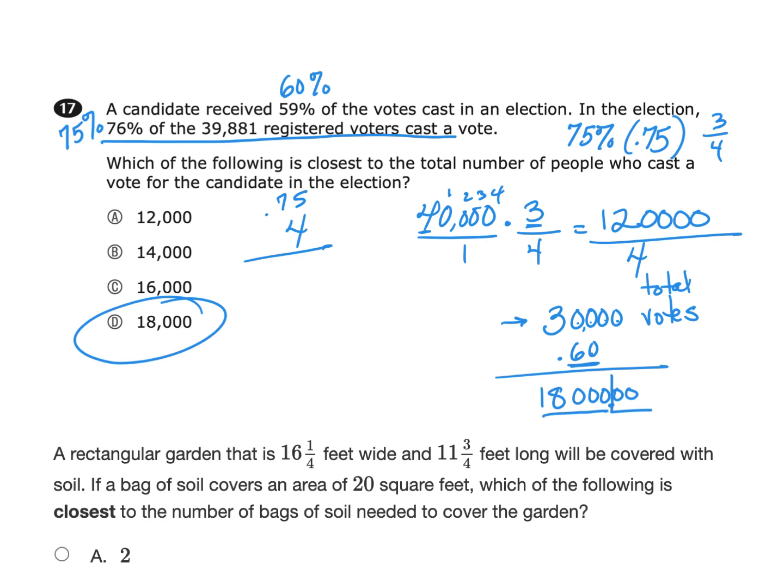I'm hoping that you can see how much easier it is to work with zeros versus just to multiply 39,881 times 0.76, which is just silly. That's a lot of work there. But when we round, and again, I can round because I have that answer closest.